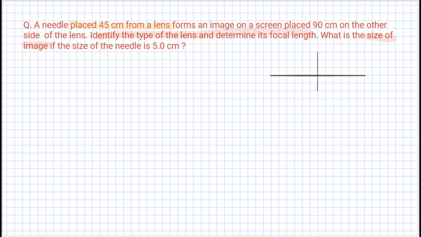Let us say your object is placed at 45 centimeter in front of the lens. According to the question, the object is placed 45 centimeter in front of the lens. If the object is placed in front of the lens, in that case, what happens? This is your object distance. This object distance will be positive or negative?